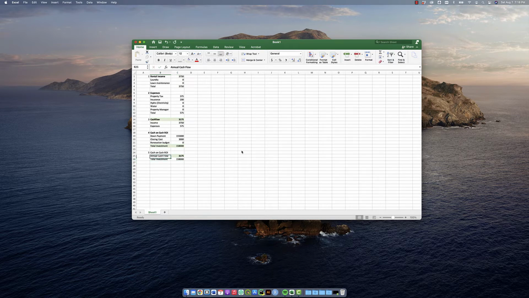These are very interesting values to have, because I'm going to divide my annual cash flow by my total investment.